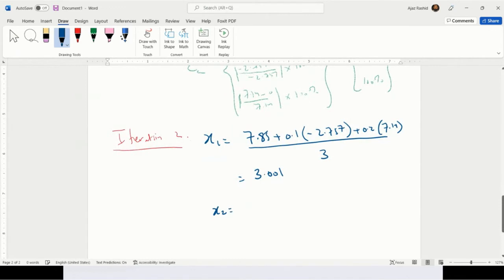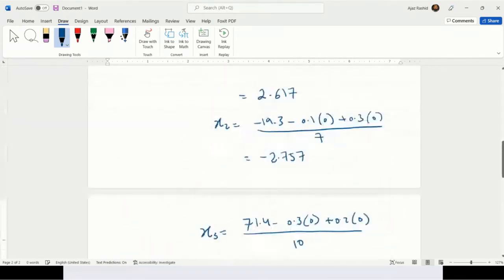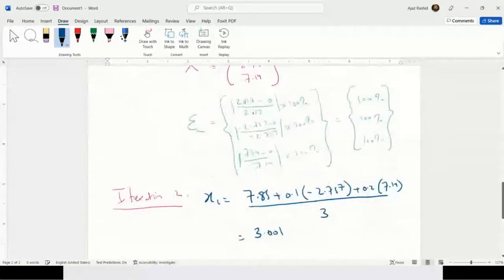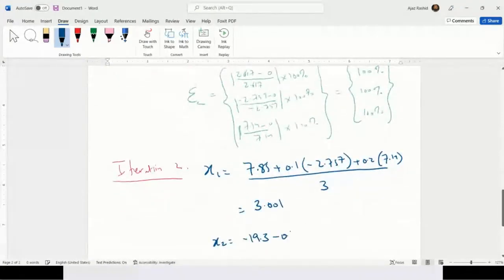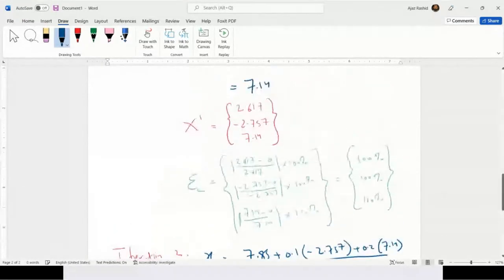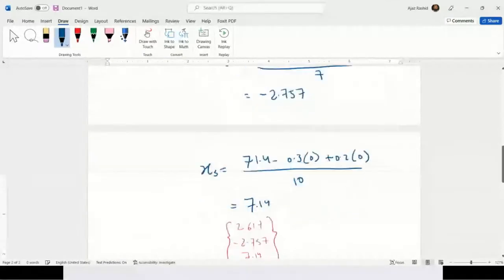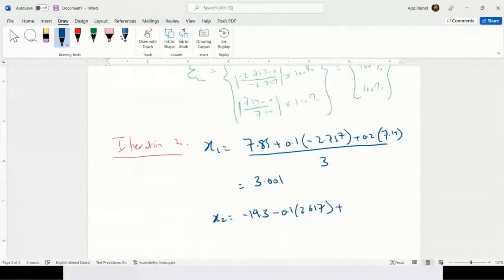And x2 is minus 19.3 minus 0.1 x1, where x1 is 2.617, plus 0.3 into x3, divided by 7.